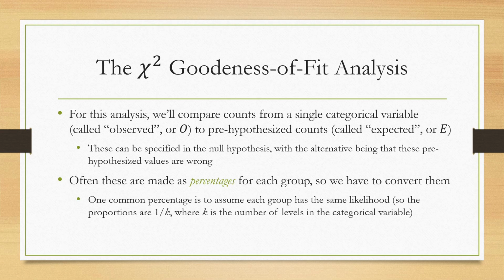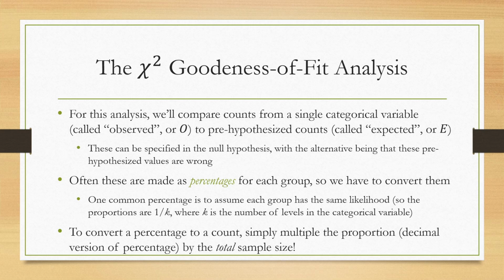In this case, 3, or 1/3. I'd have 33% in one group, 33% in the other, and 33% in the other. That would be my percentages for each group that I would use as my null hypothesis. Sometimes this type of null hypothesis assumption is called a uniform assumption, referring to the uniform distribution, which just means that everybody has the same likelihood or probability.